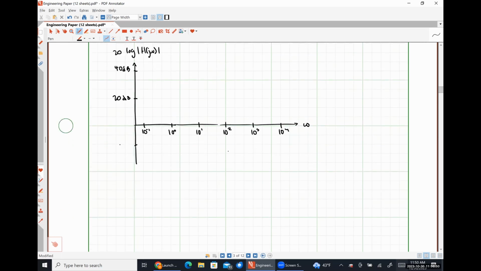Scroll down here. Negative 20 decibels. Negative 40 decibels. All right. Actually, I have it 3 per division up above, so I should have it 3 per division down below, or that's going to look real awkward.